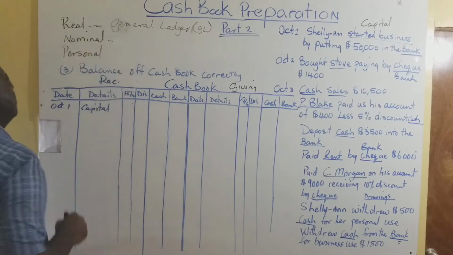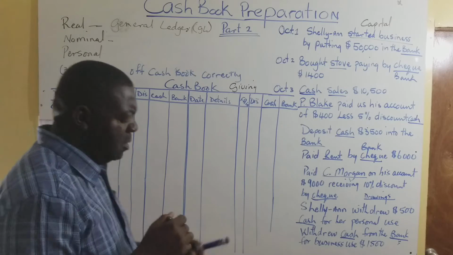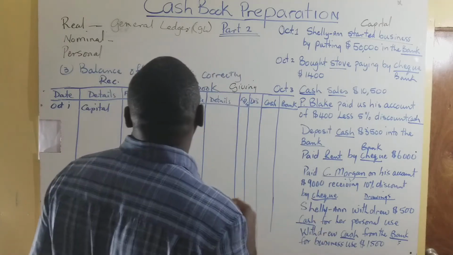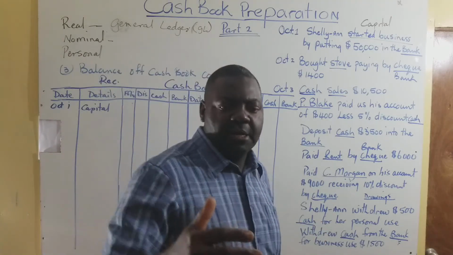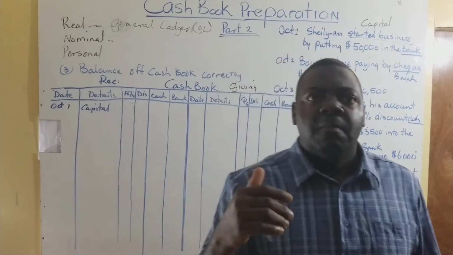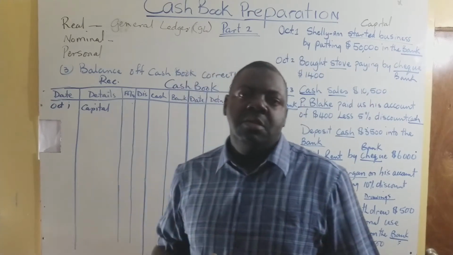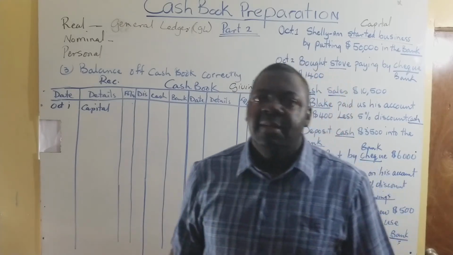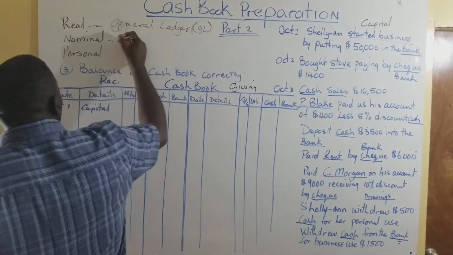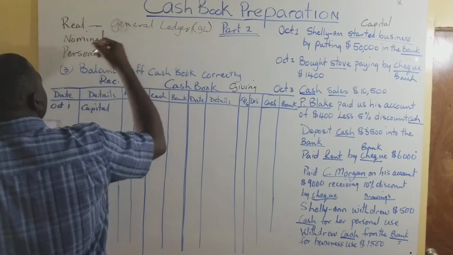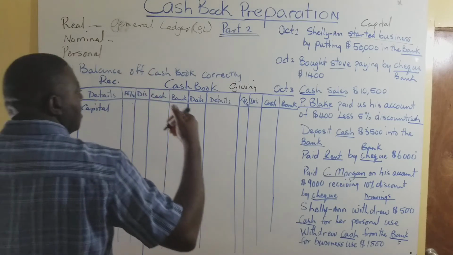The second is nominal account. Now, nominal account has to do with income or revenues, expenses. Yes? So when we talk about nominal account, we're referring to income, right?